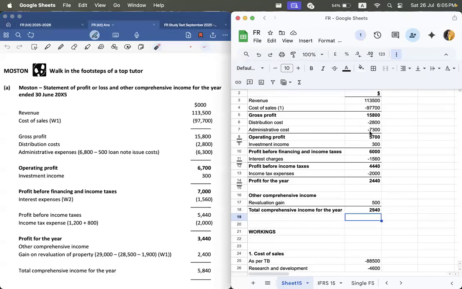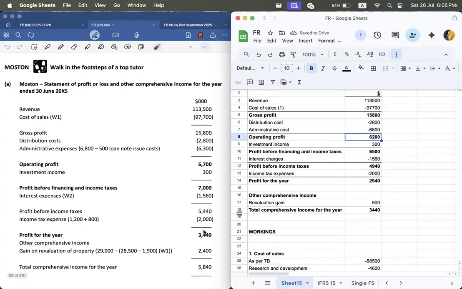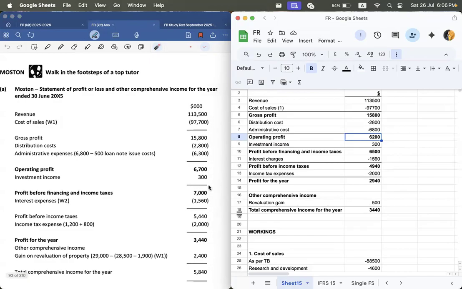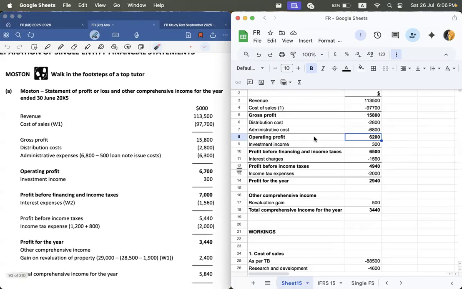This administrative cost. Oh, but you should subtract 300. Operating profit is... No, there's still an issue with administrative expense.